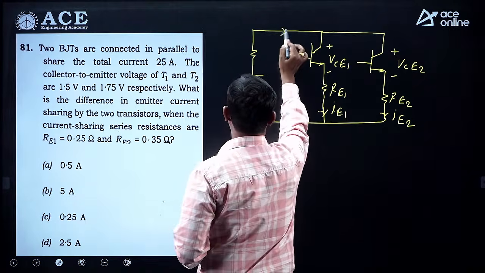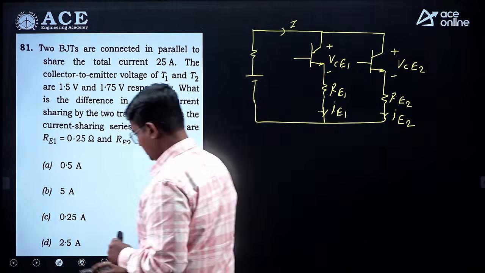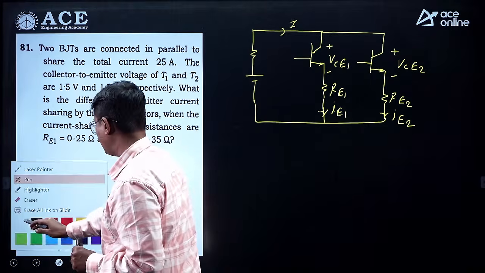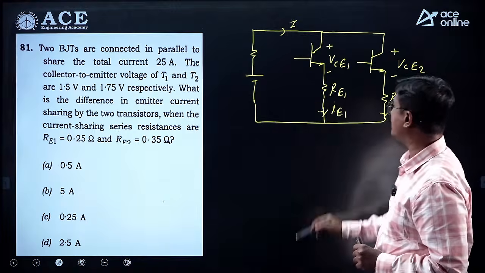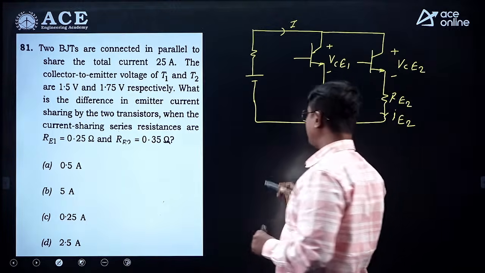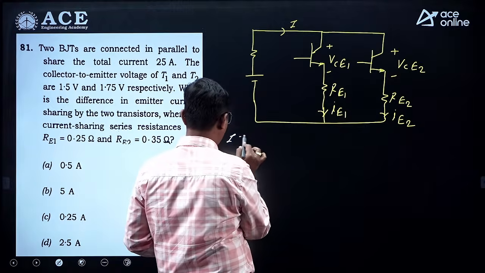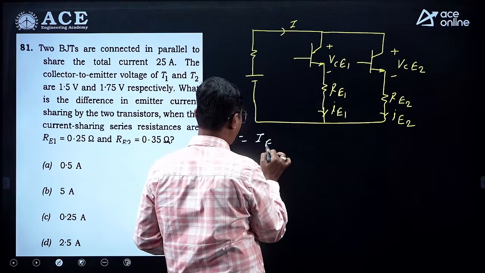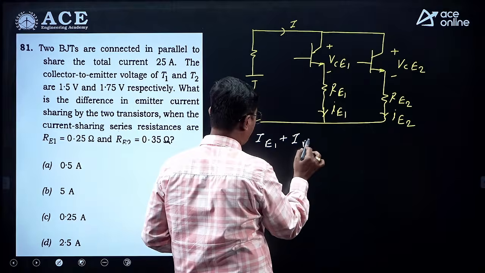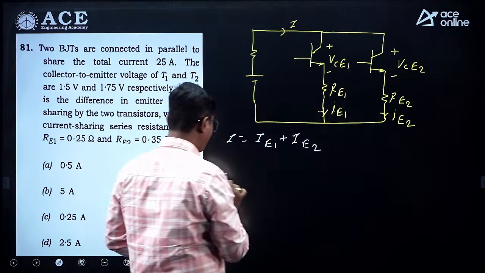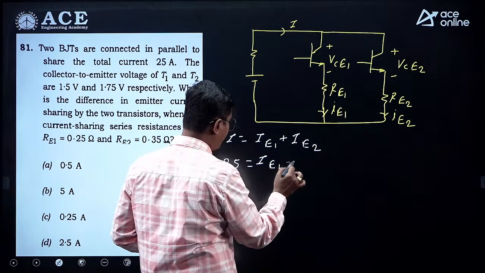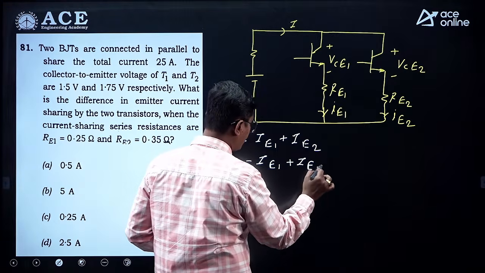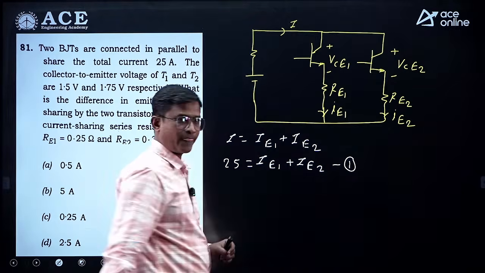This total current is I. The total current is 25 ampere, so I can say that I equals IE1 plus IE2. So 25 equals IE1 plus IE2. Consider this as equation number 1.